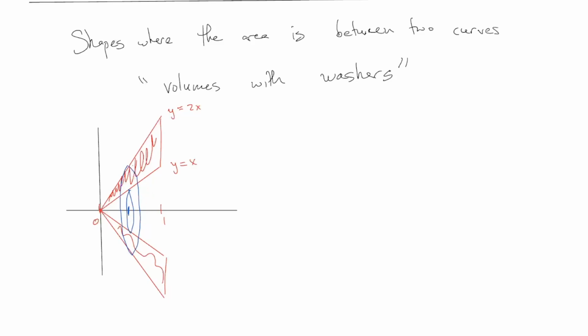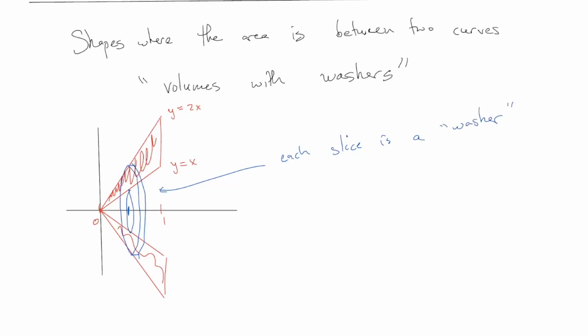And of course it has a little bit of thickness, just like the disc-type shapes that you get from slicing. So what is this shape? Each slice is what they call a washer.